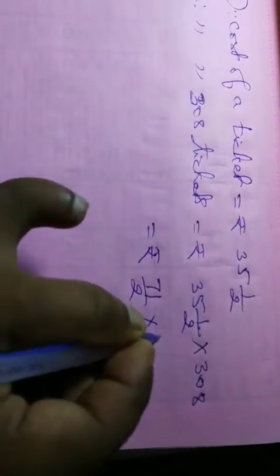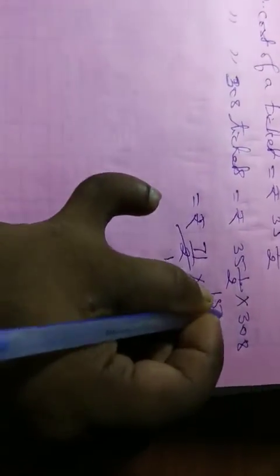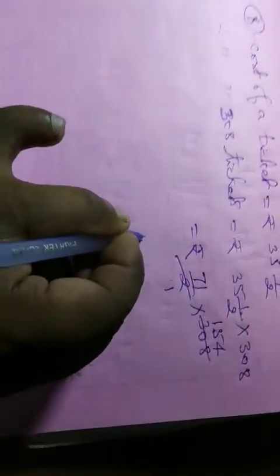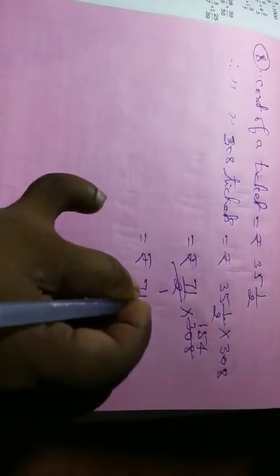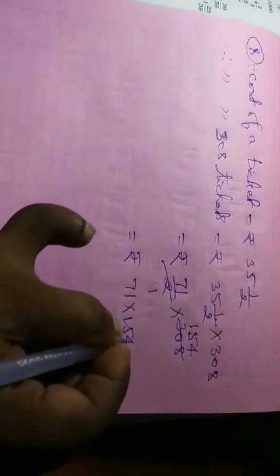71 by 2 into 308. 2 1 is 2, 5 is 10, 2 4 is 8. Rupees 71 into 154.